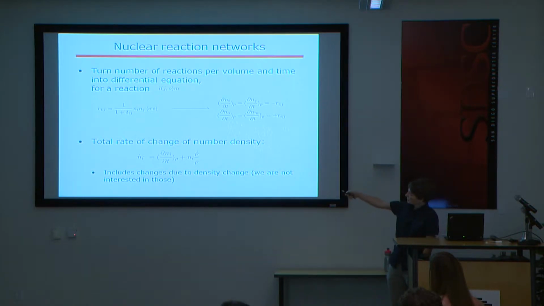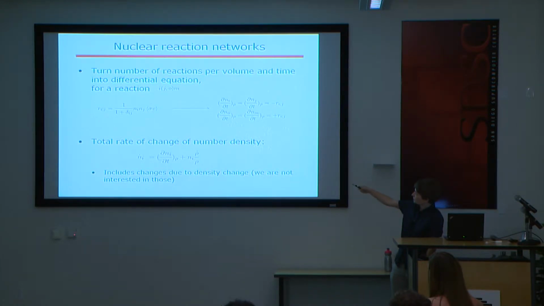So now I turn this into the time derivative of, say, let's look at particle i first. So the time derivative of the number density of particle i, you can write as a function of, so I'm looking at the reaction where I have i plus j going into o and m. So i and j change at the same rate, which is minus this rate.